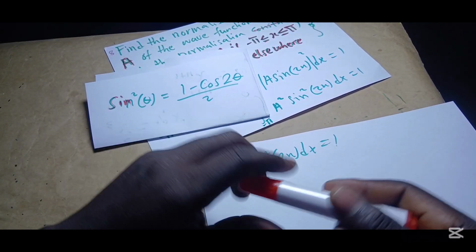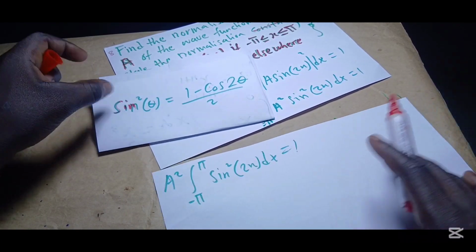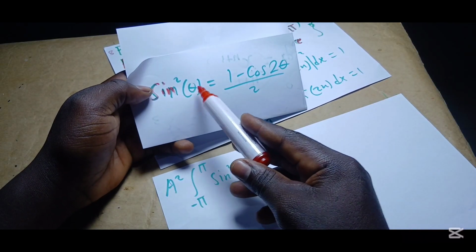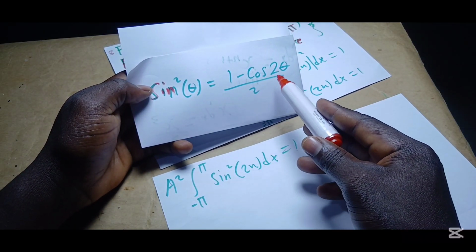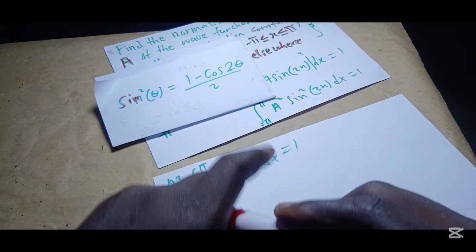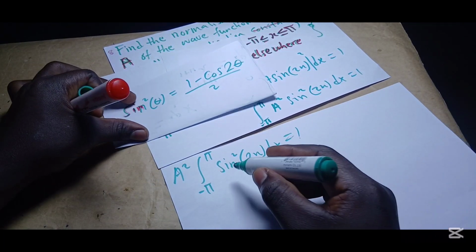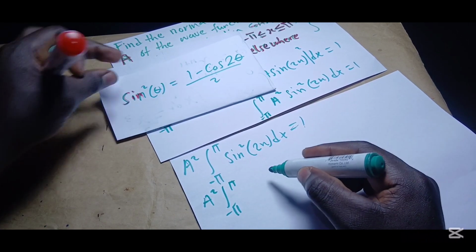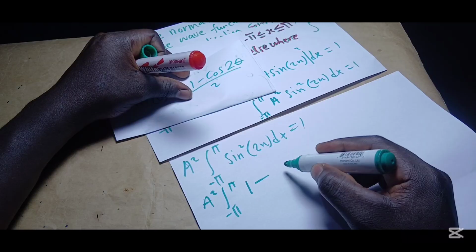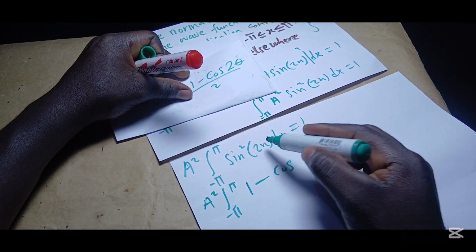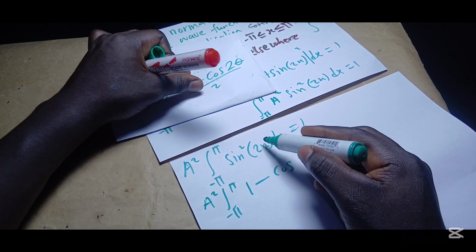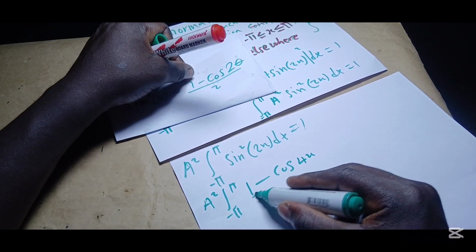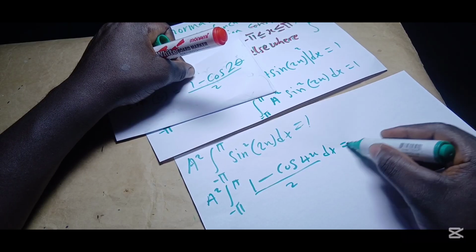We are going to use the angle reduction formula in trigonometry to evaluate this. Sine squared theta is equal to 1 minus cos 2 theta over 2. So let's try simplifying this. This becomes A squared integral from negative pi to positive pi of 1 minus cos 2 theta, where theta is 2x, so we multiply by 2. 2 multiplied by 2x gives us 4x, all divided by 2, dx equal 1.